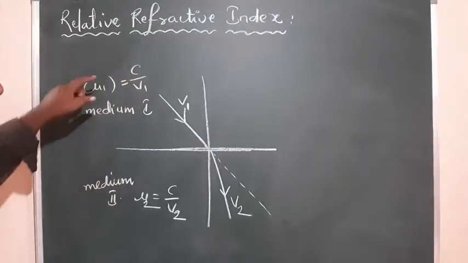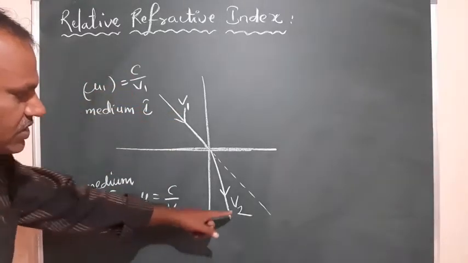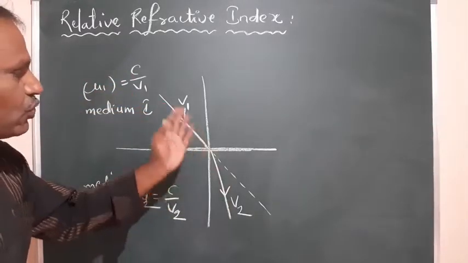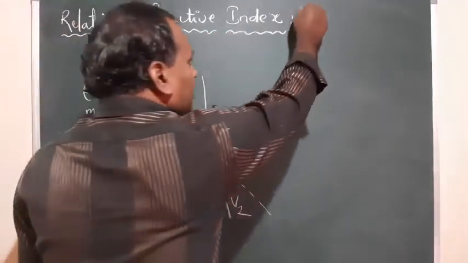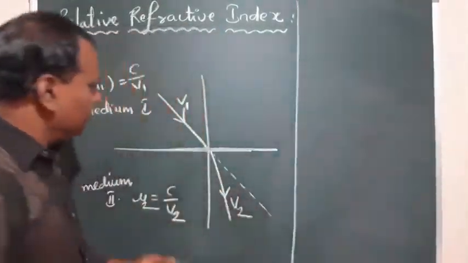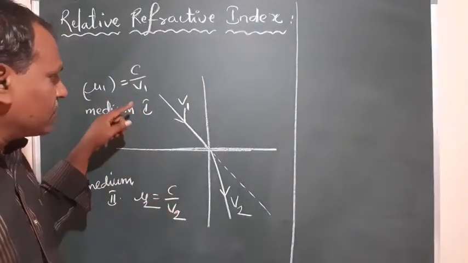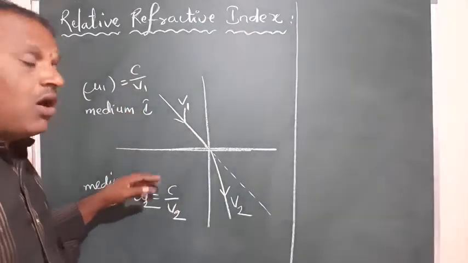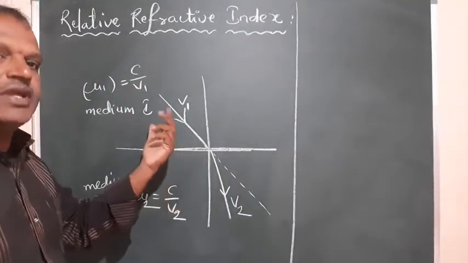Now you can compare this velocity V1 with respect to this velocity V2. This ratio is also called the relative refractive index. Here the light is passing from medium 1 to medium 2. You can write the relative refractive index of medium 1 with respect to medium 2, or the relative refractive index of medium 2 with respect to medium 1. Either one you can write.